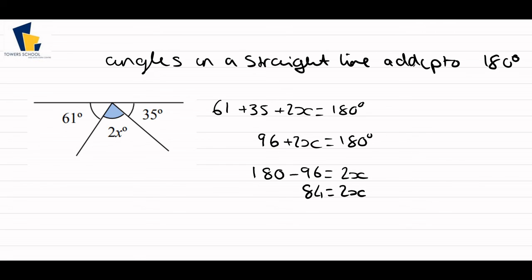Now I don't want the value of 2x, I want the value of x on its own. So I'm going to have to divide both sides by 2 to get the x on its own. So 84 divided by 2 is 42, so x is equal to 42 degrees.